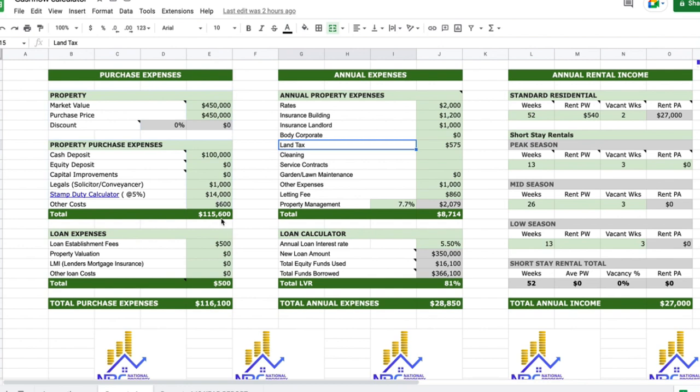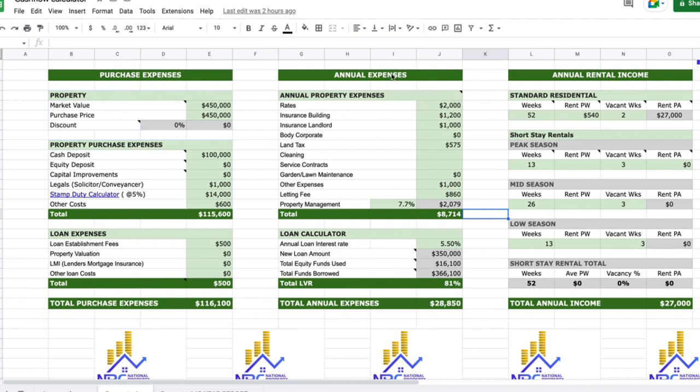So total expenses $115K, which gives us a loan amount of $350K, and then the total equity funds which we have used is $16,100K, and that means the $350K, which is 450 minus 100, is $350K plus all the other expenses which we are also taking a loan for. So the total funds which we have borrowed is 366K, which gives us the LVR of 81%.